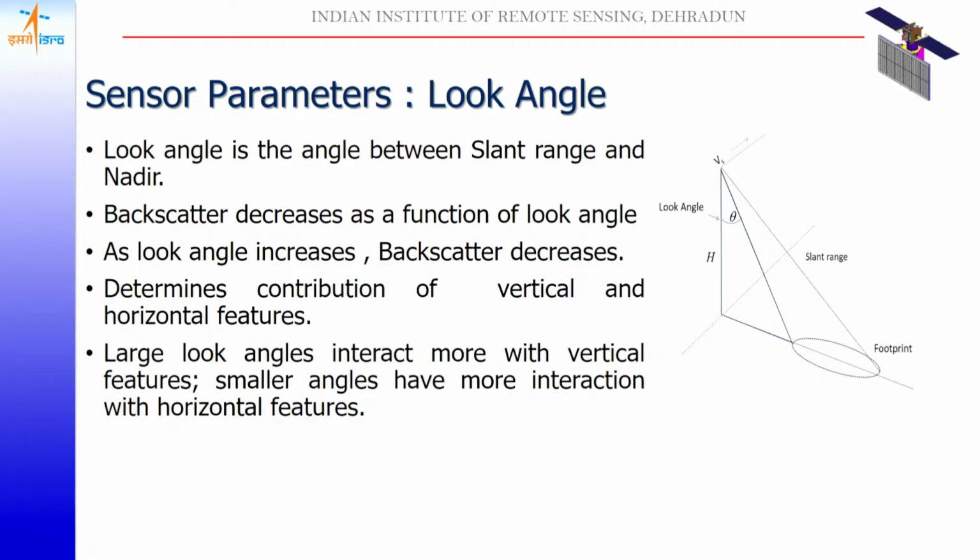So for an agriculture application like a sugarcane study, where you want to study vertical objects, you have to use a larger look angle so that it covers the full length of the vertical object. But if your application is like soil moisture study, you have to use a smaller look angle.